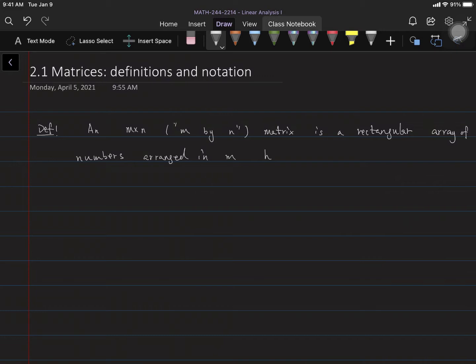So row means horizontal, and columns are vertical.